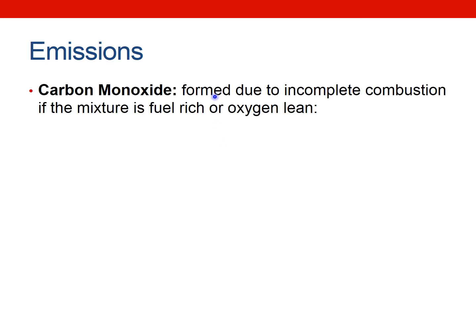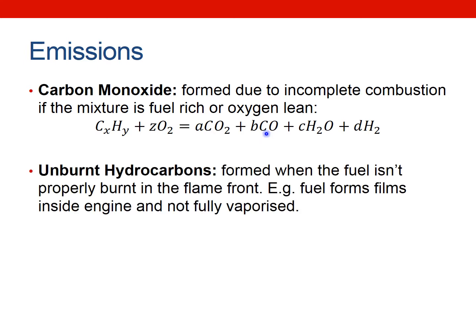Okay, so carbon monoxide. Carbon monoxide is formed due to incomplete combustion in the mixture. If we've got too much fuel, it's fuel rich, or not enough oxygen, it's fuel lean, then we're not going to get complete combustion of our hydrocarbon into CO2, because we haven't got enough oxygen to do it. Unburnt hydrocarbons are formed when the fuel isn't properly burnt in the flame front.